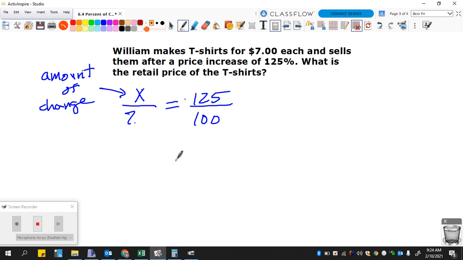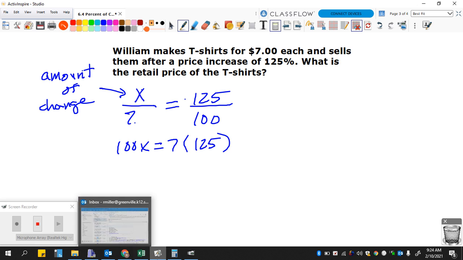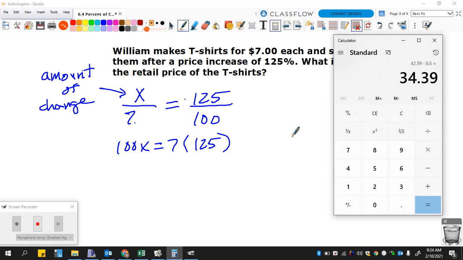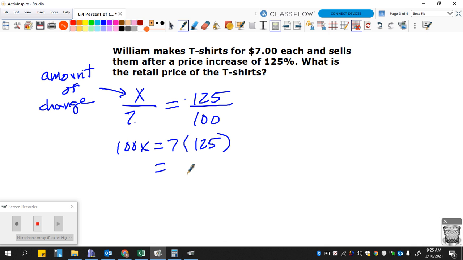Cross multiply. So once again, we have 100x is equal to 7 times 125. 7 times 125 is 875.